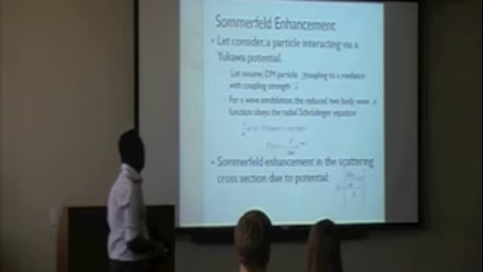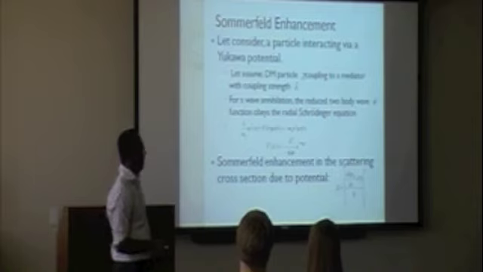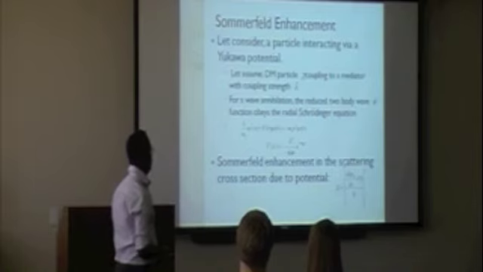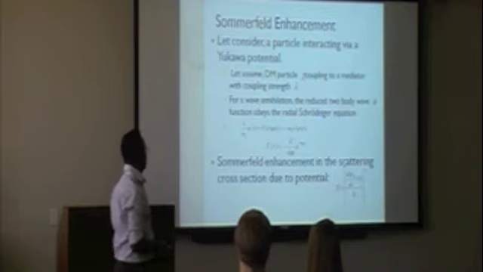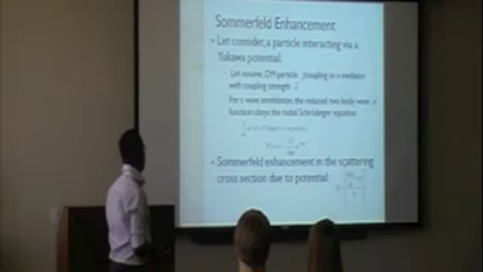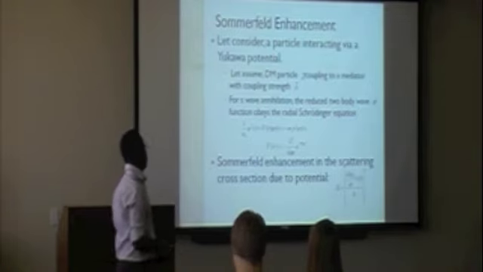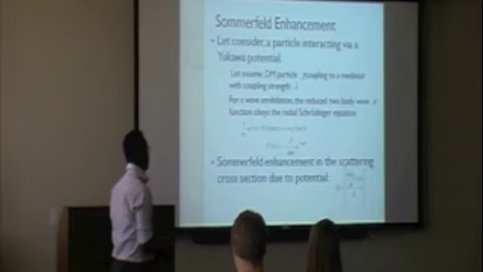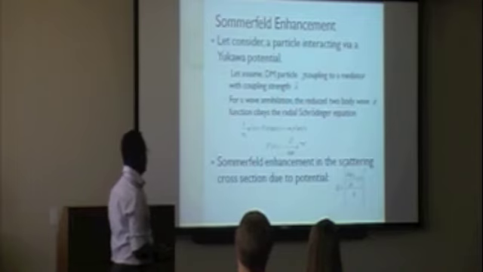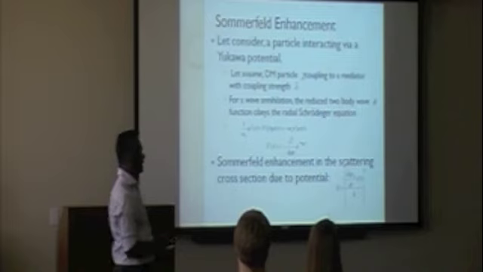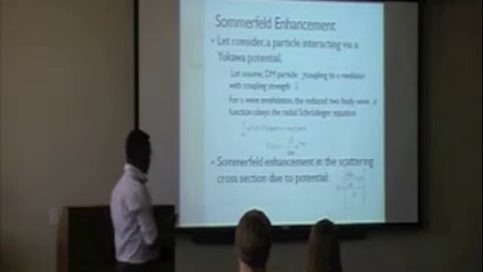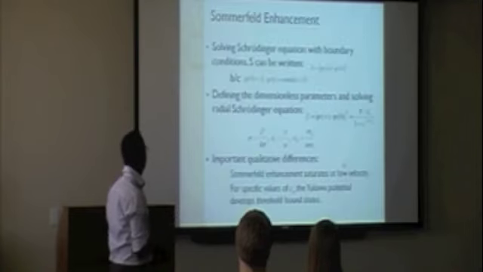If we assume the dark matter couples to a mediator with coupling constant lambda, the wave function can be written as this equation, which satisfies the Schrödinger equation. Here the potential is a Yukawa type potential. Then the Sommerfeld enhancement can be written using this equation.